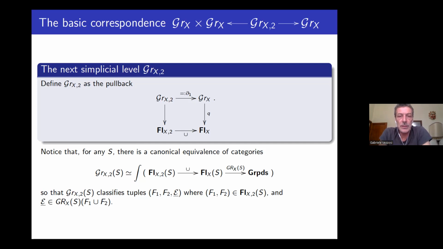With this definition, maybe it's not completely obvious, but if you have GRX2 and you evaluate on S, this classifies tuples F1, F2, and E, where F1, F2 are good pairs of flags, and E is an element in the global section of the Grassmannian with respect to the union of the flags. That's because of this union here.